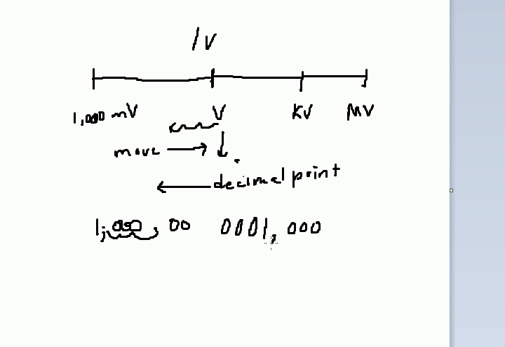So now if I want to keep on going, 1, 2, 3, I realize that it is equal to 0.001 kilovolts. Now, for me to continue, if I'm going to go from kilovolts to megavolts, I got to move it 3 more spots. Okay, so I'll go here where I've got 0.001.